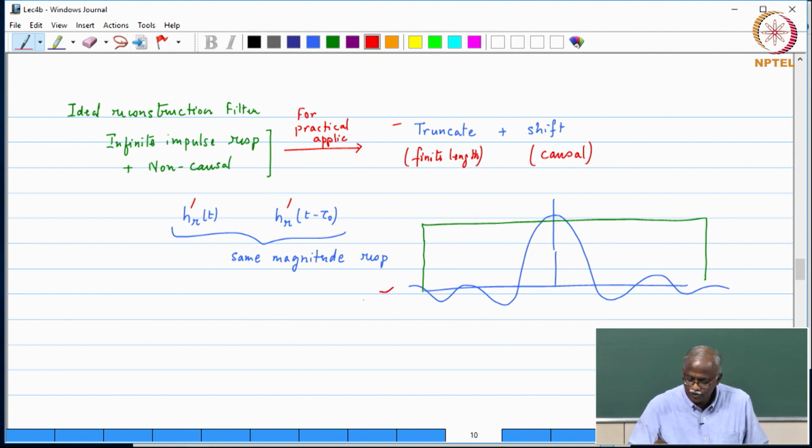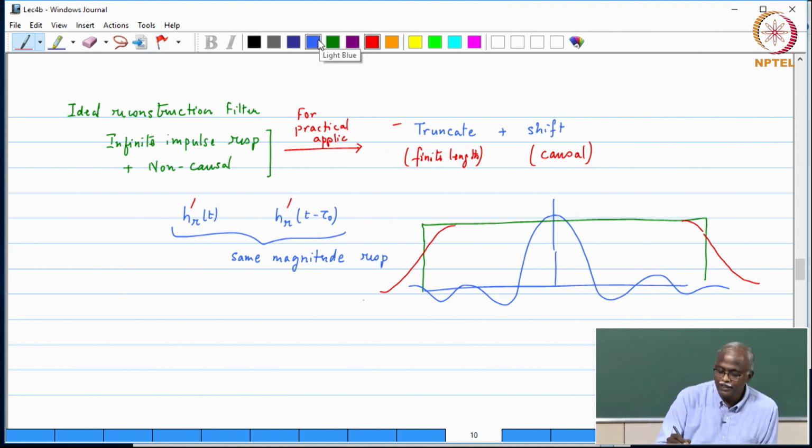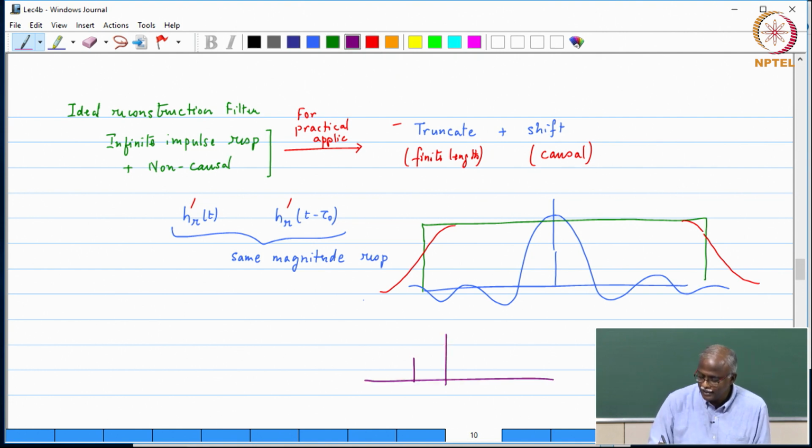Ultimately the goal is to limit the length of the reconstruction filter.